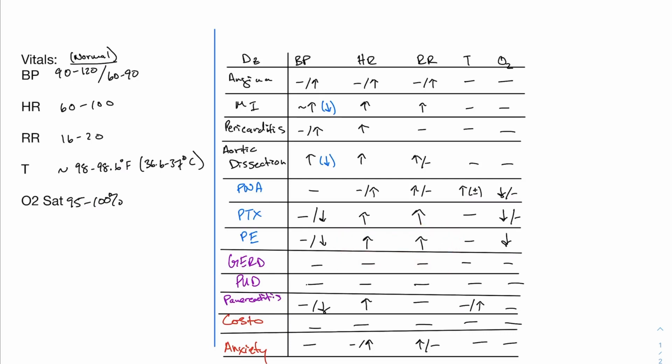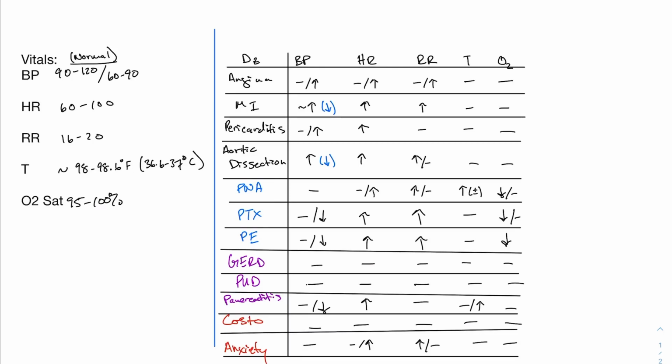If they have that inciting event before, and their O2 saturation looks good, and they don't have any swelling, they don't have any risk factors for a pulmonary embolism, they're generally young and there aren't any other issues, then we can kind of say it's anxiety, but we have to make sure that there's nothing else going on with that patient. Remember, with anxiety, costochondritis, all these other diseases that aren't very serious, you never want to just say, oh, it's that disease process, because you want to make sure that the patient is safe first and foremost.